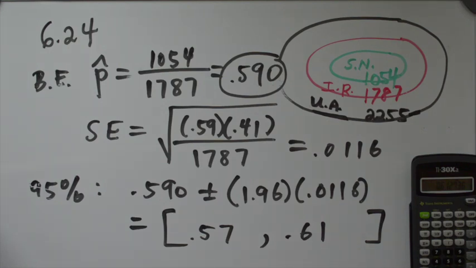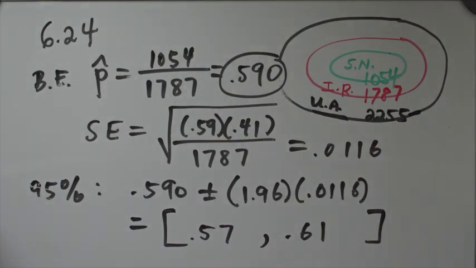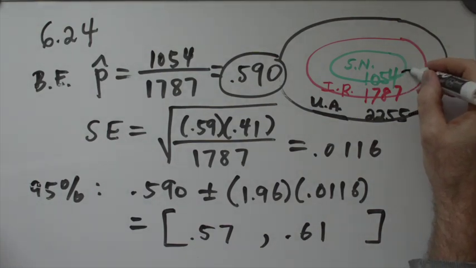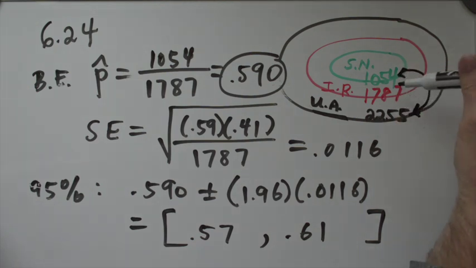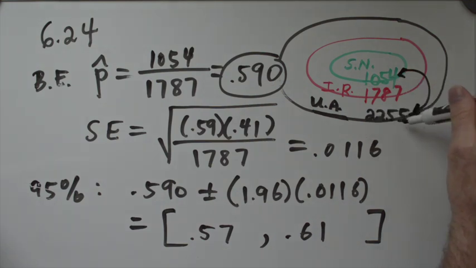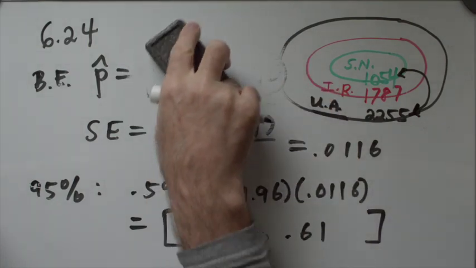All right, we have one less part to this problem. The first part of the problem is to develop a confidence interval for the proportion of all U.S. adults who use a social networking site. Now this is slightly different than the problem we just worked, because now we want to look at the ratio between these two numbers: the 1,054 amongst the 2,255 that were sampled.